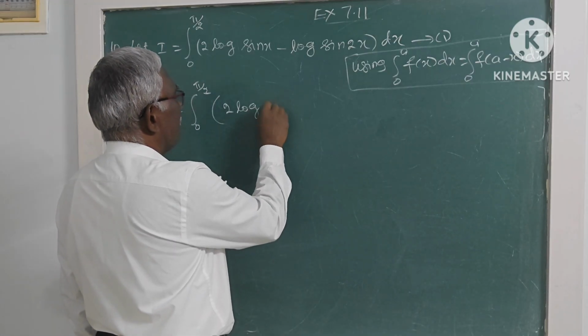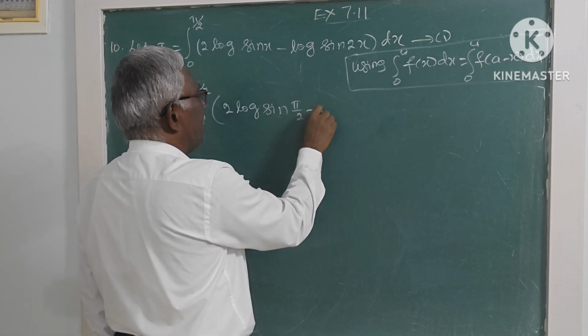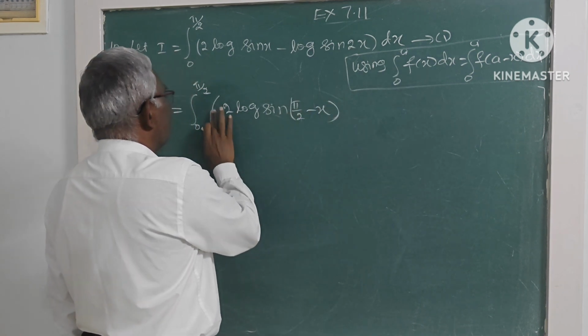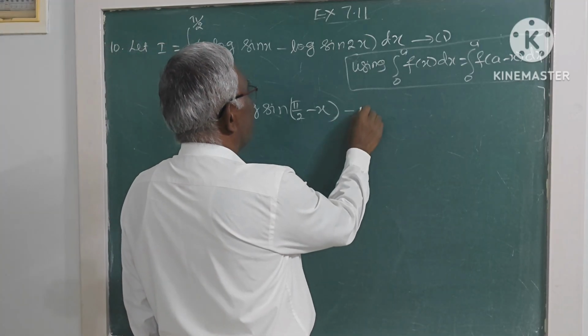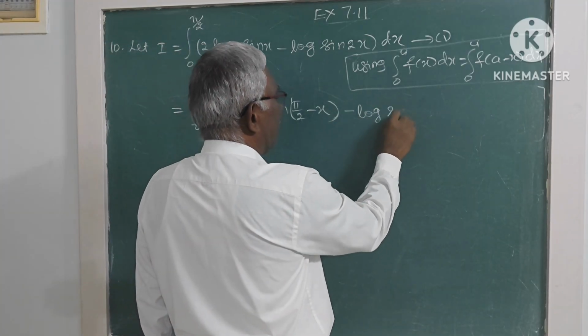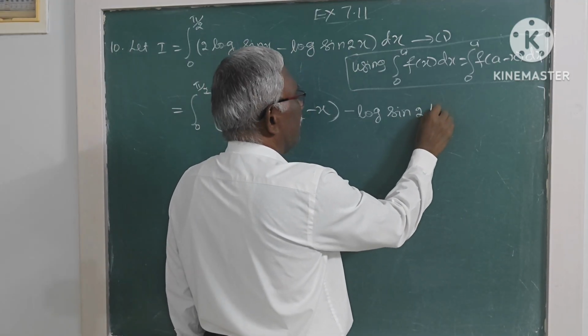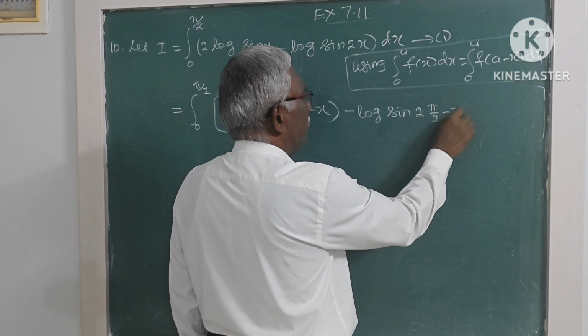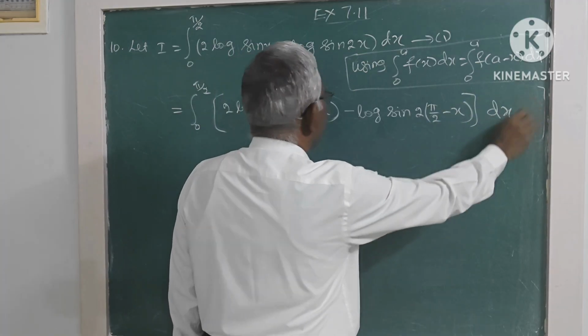So log of sine of (pi by 2 minus x) minus log of sine of 2 times (pi by 2 minus x) dx.